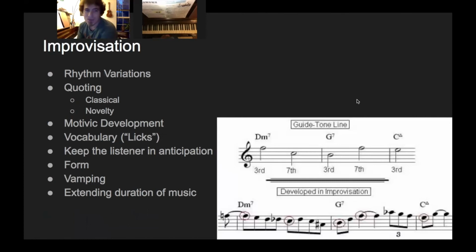Okay. Improvisation. Improvisation was done because these musicians could not read, or some of them could, some of them couldn't. So they would just learn the motif they had and extend it, using vamping, keeping the form, going into other tunes, rhythmic variations, improvising with motivic development.